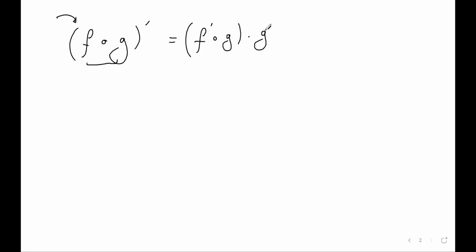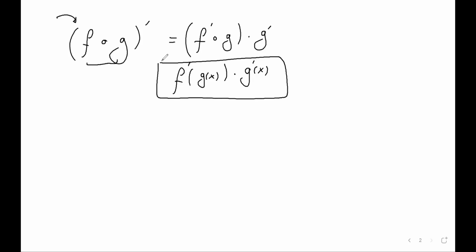So this would be the derivative. In concrete terms, if you want to write in terms of x, this will be f prime of g of x times g prime of x. All right, so this is the derivative of f circle g.